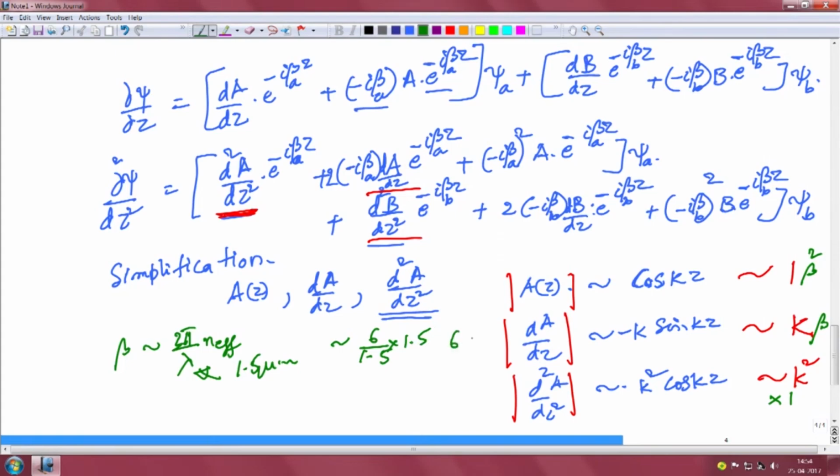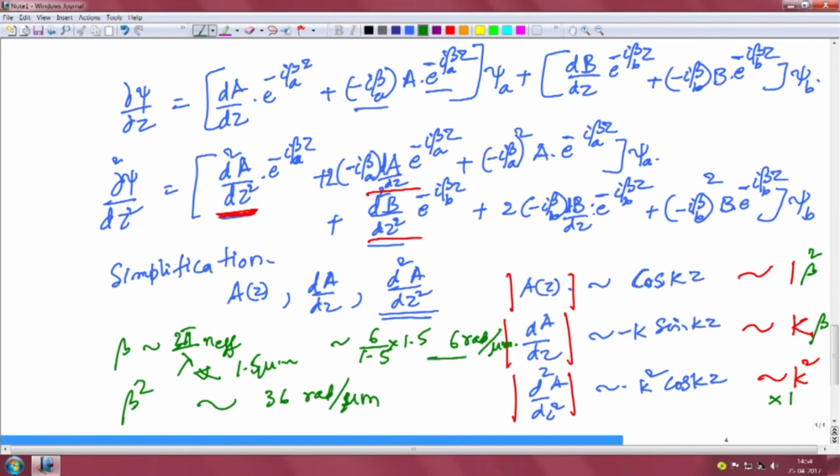So this is of the order of 6 radians per micron. And then beta square will go as say 36 radians square per micrometer square.